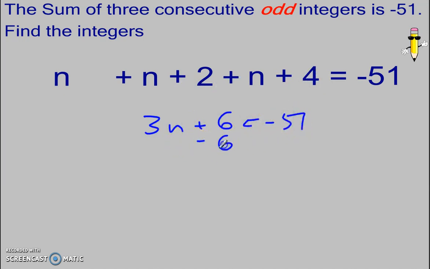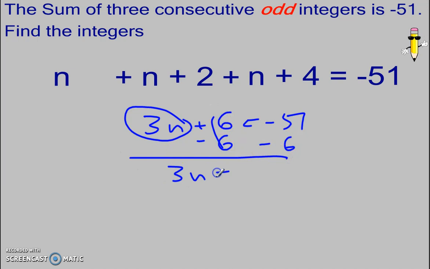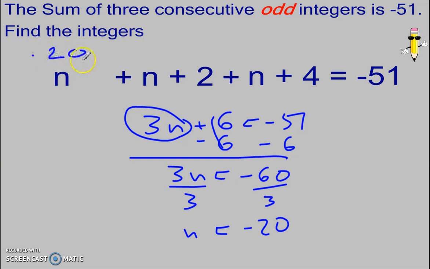So now subtract 6 from each side. We get 3n is equal to negative 60. Divide by 3. N is negative 20. So here we have negative 20 as our first number. Negative 20 plus 2 is negative 18. Negative 20 plus 4 is negative 16 as our three numbers.